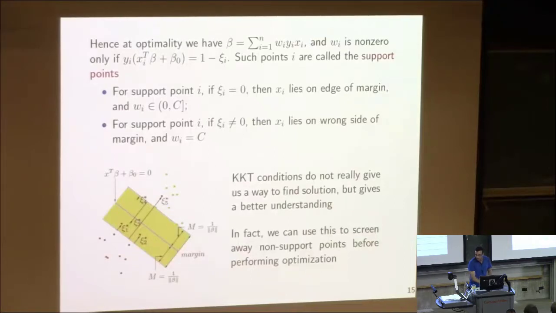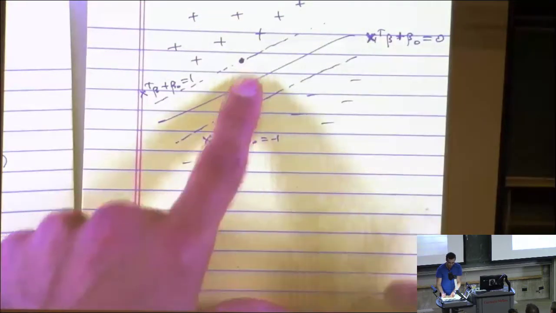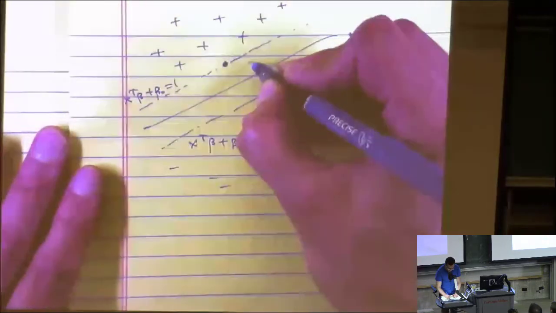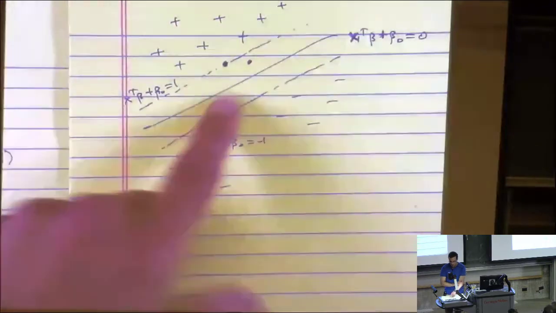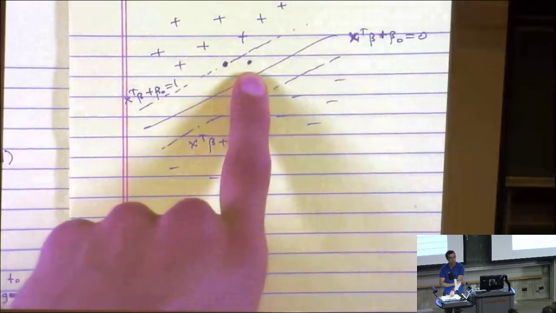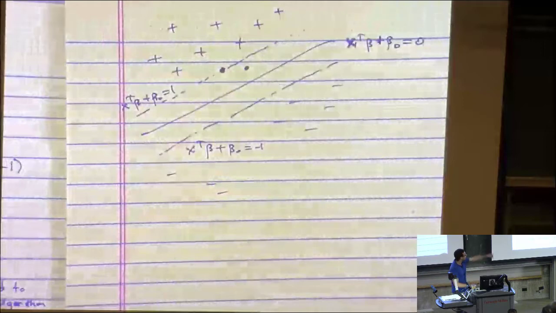For such examples where psi i is non-zero, let's suppose I had a bunch of positive examples over here, and a bunch of negative examples over here. Psi i is 0 and yi is plus 1: that's like a positive example right on the edge of the margin. When psi i is bigger than 0, even if small, it's on the wrong side of the margin, so it's actually inside the margin. And remember, the SVM explicitly tries to minimize how many times this happens, because a positive psi i costs us in the criterion.